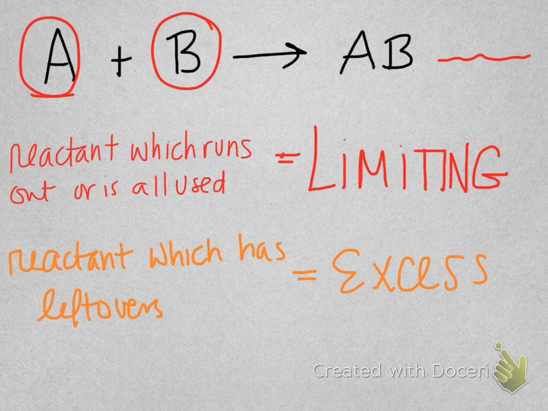The other one, the reactant which has some leftovers, is your excess. And you'll often find traces, or more than traces, depending on how badly you've calculated things, of your excess floating around in with the products. Depending on what your reactants are and what your product is, this can be okay, it can be a good thing, or it can actually be harmful.